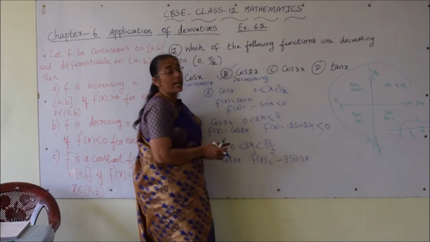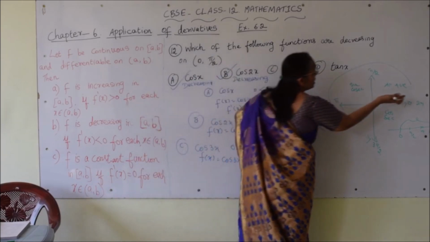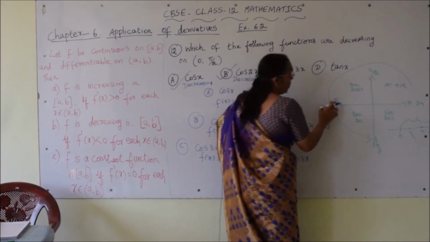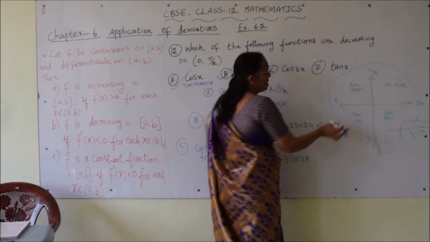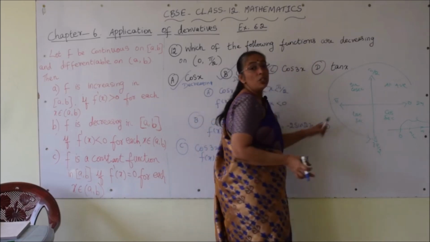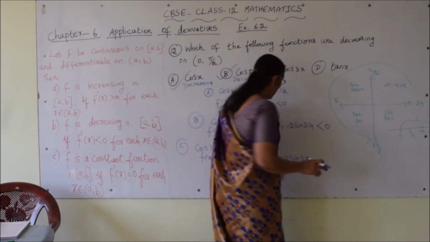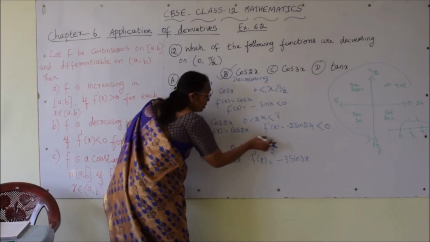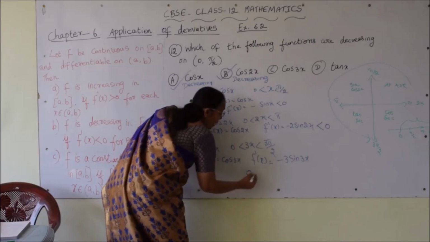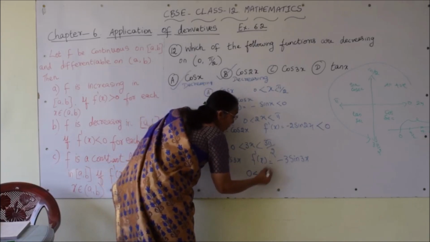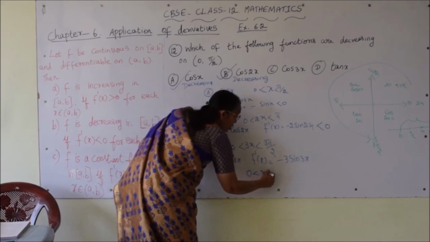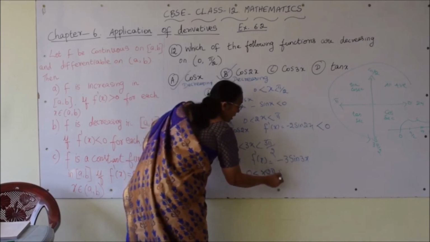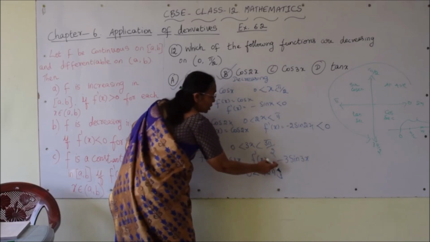Now, if you see, the sine function is positive from 0 to pi, but from pi to 3 pi by 2, the sine function is in the third quadrant. So, the sine function is negative here. So, the given interval 0 to 3 pi by 2 is divided into two parts. When 3x is between 0 to pi, the function is decreasing because sine function is positive and minus 3 is there.